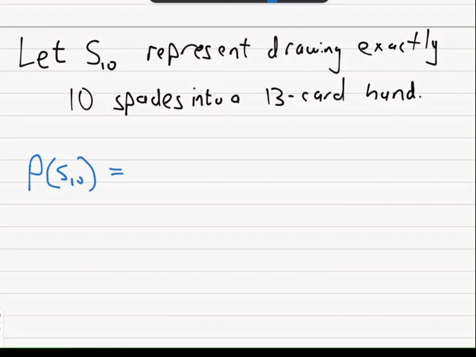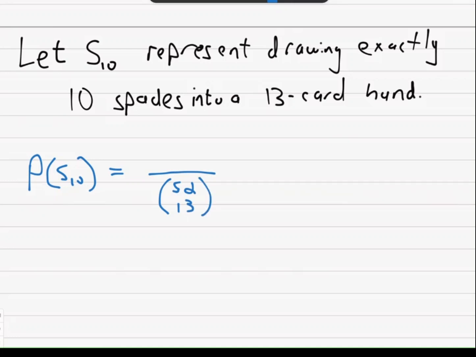Well, let's do the denominator first. The first piece of this is these are combinations, right? Order doesn't matter. It doesn't matter in which order you get the spades as long as you get exactly 10 of them. So the total number of possible ways to draw 13 cards from 52 is 52 choose 13.